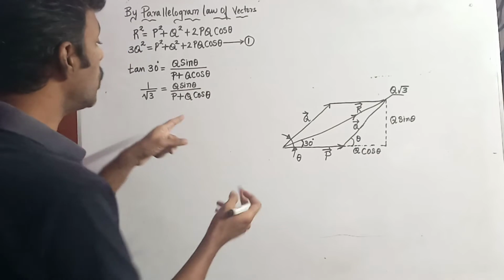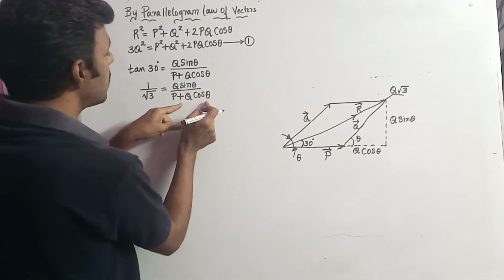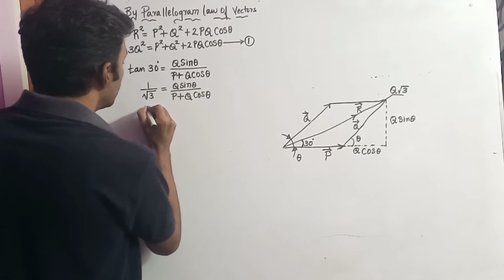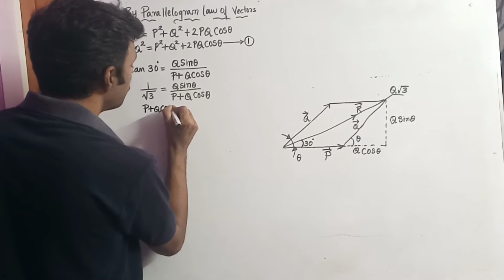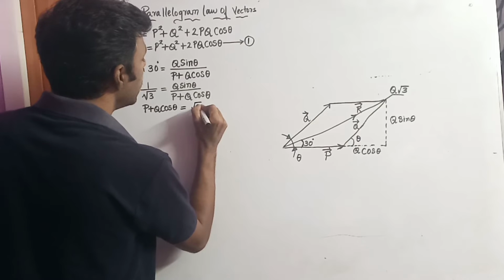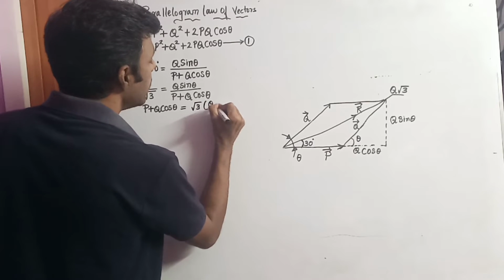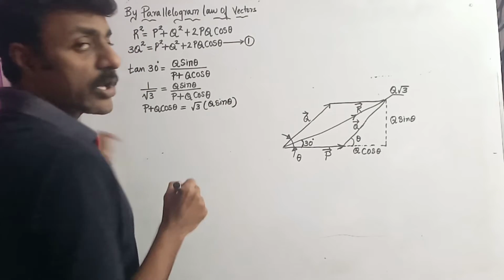So now I'm going to interchange the terms. I'm going to take this p plus q cos theta over here. So p plus q into cos theta is equal to root 3 into q sine theta, by cross multiplying.